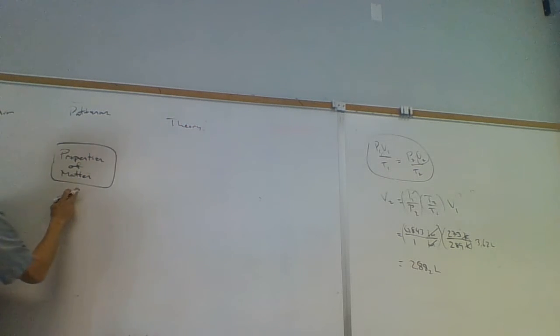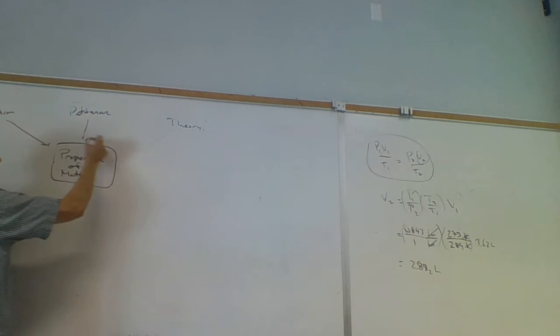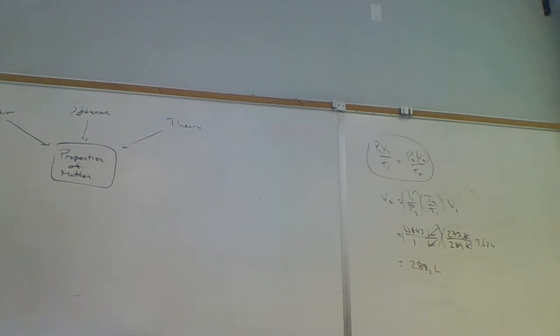And so our approach to understanding the properties of matter comes from knowing some observations, knowing some patterns, and knowing some theory. If we have some factual stuff memorized, it will help us see the patterns that are underlying these things, and then use theory whenever we can. Because we want to understand both the physical properties and the chemical properties of matter.